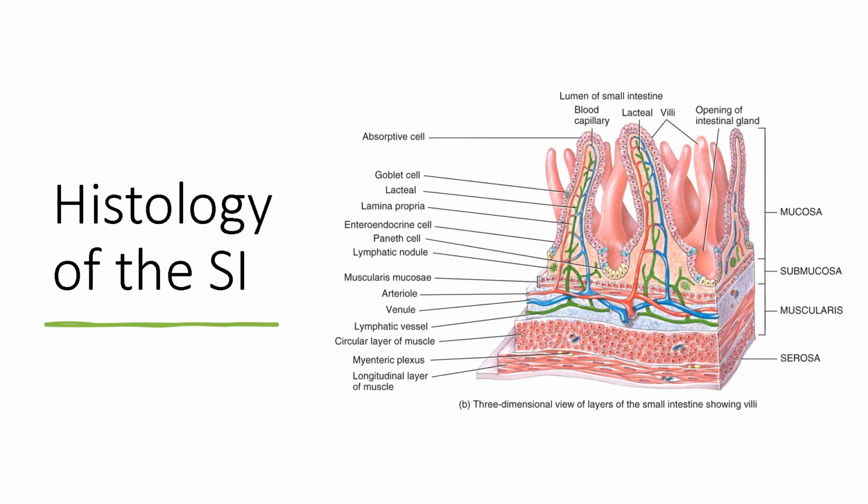So here in the mucosal layer, you can see these really long finger-like villi. And then each individual absorptive cell has lots of tiny little projections, kind of like hair. These are tiny fingers on the absorptive cells themselves that are the microvilli.